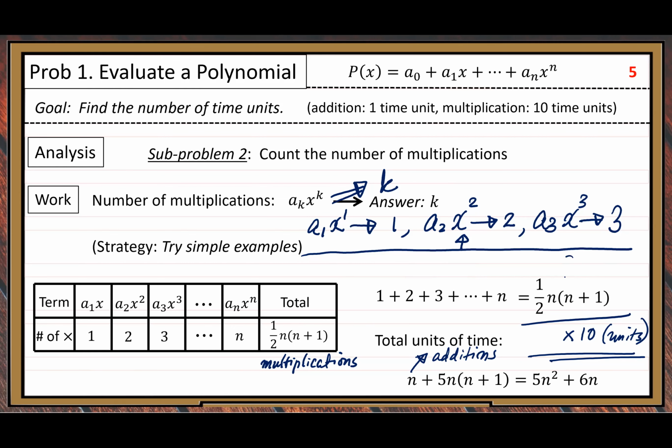So that's our assumption. 10 times 1/2, that's 5. So here we use 5n times n plus 1. After some simplification, we get this final answer, 5n squared plus 6n time units. That's our efficiency measure or performance measure.